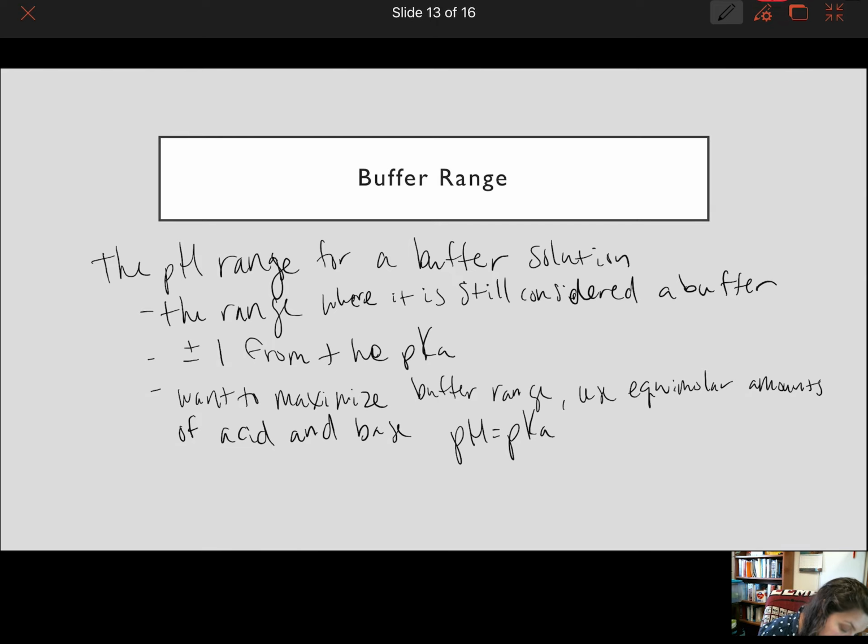As a note, we can figure out when a solution is no longer a buffer. That is when we have a ratio of acid to base that is outside of the range of 0.1 to 10.